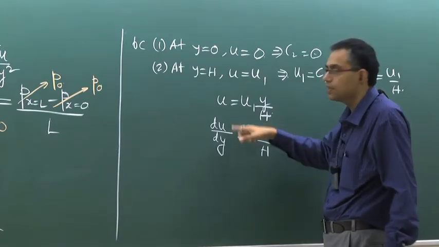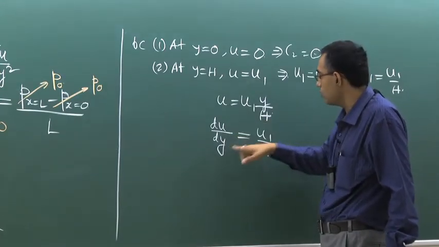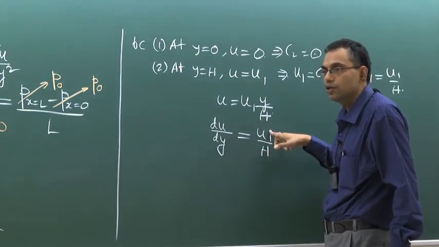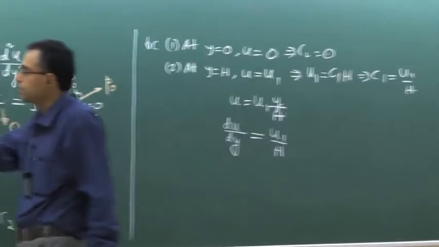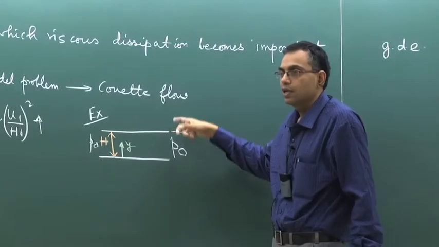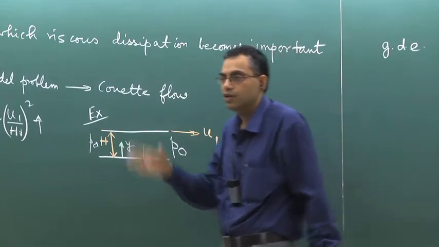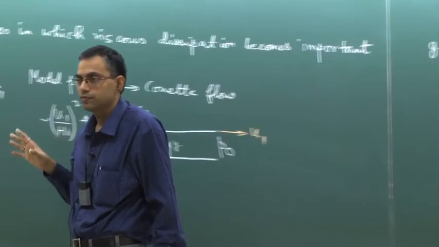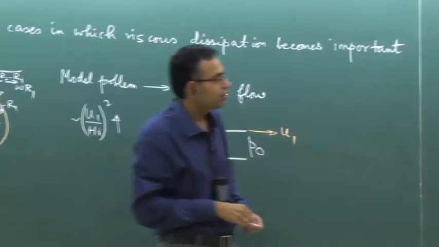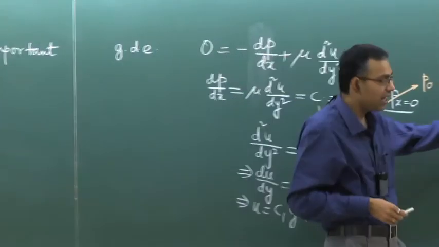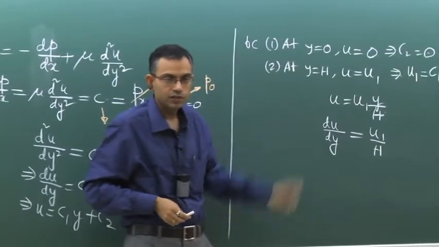So with that boundary condition, you can simulate a practical situation where the flow is purely driven by shear of a given magnitude. Okay. So this is the magnitude of that shear. So that is why this is a pure shear driven flow.